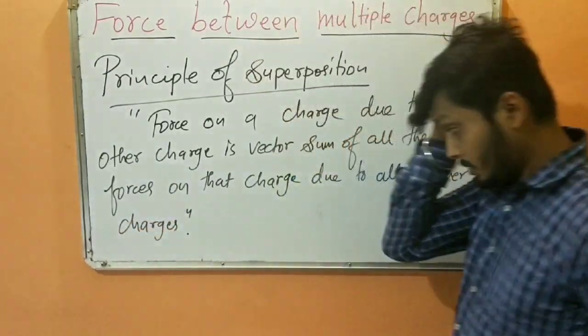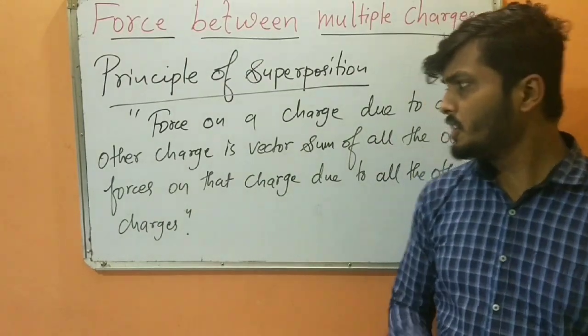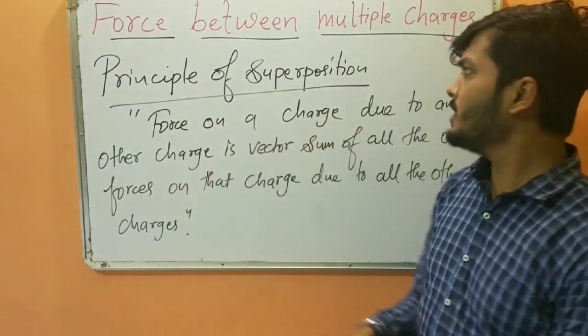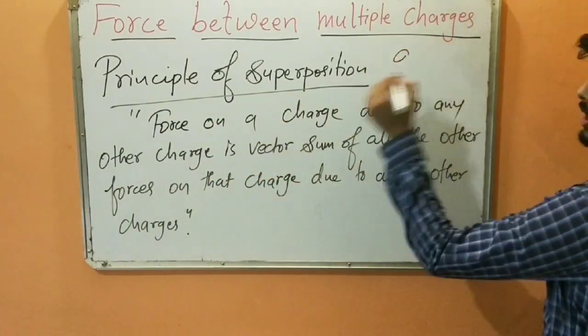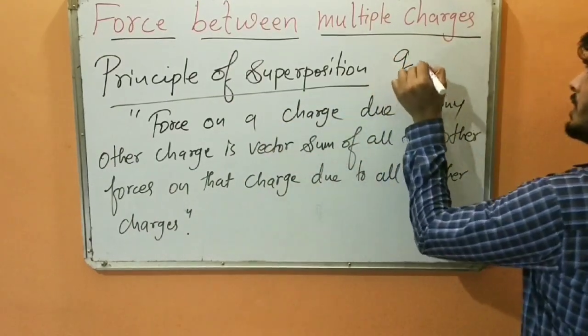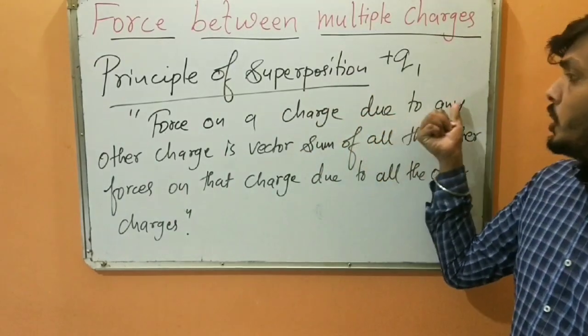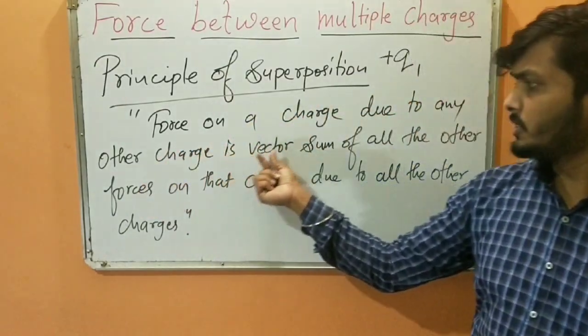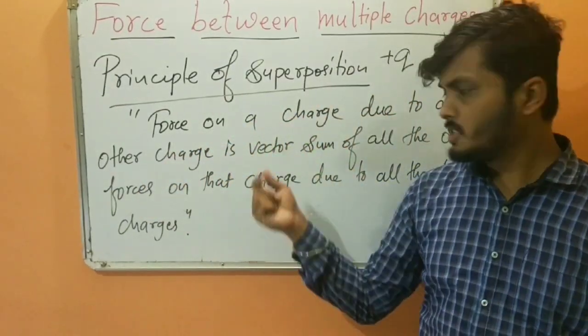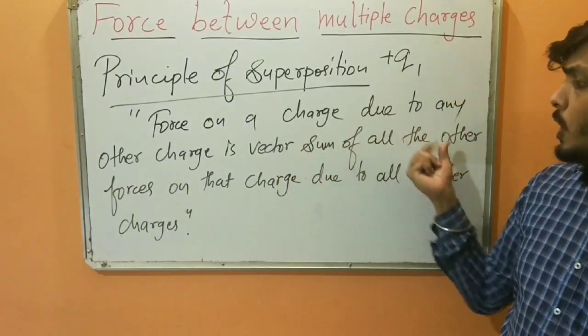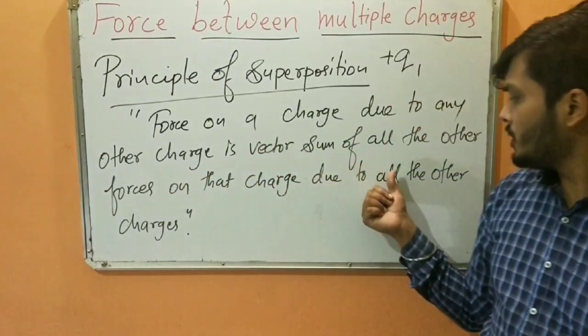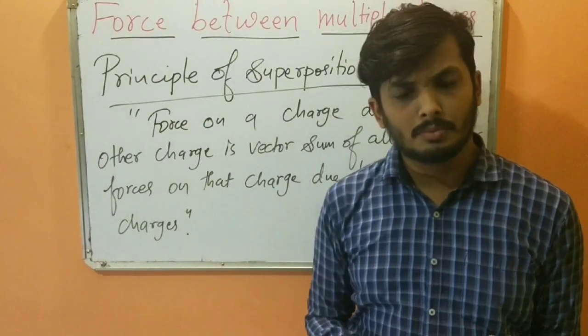Now it's quite easy. What does it state? Force on any charge. Imagine any charge, let me give it a name, plus Q1. The force on that charge due to any other charges at a certain distance is the vector sum of all the other forces on that charge due to all the other charges.